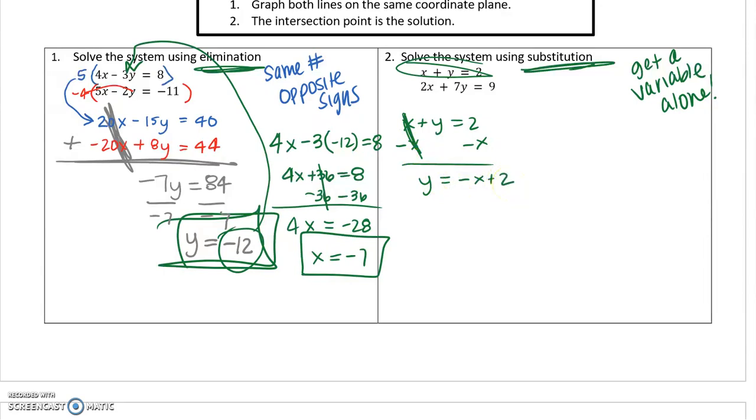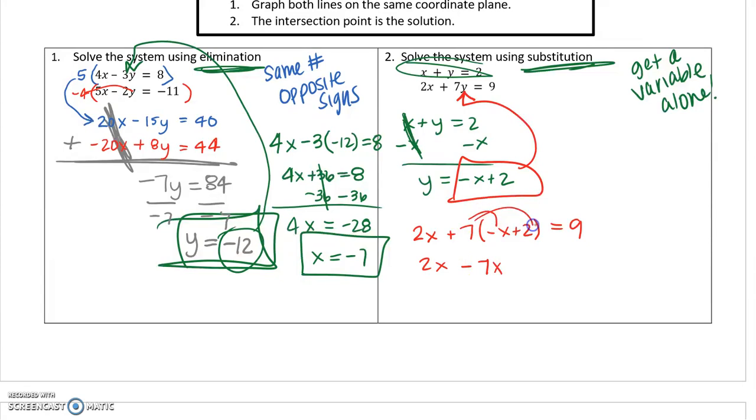Then I take that and I plug it in for y in the other equation that I haven't messed around with yet. I'll rewrite 2x plus 7 times negative x plus 2 instead of y equals 9.